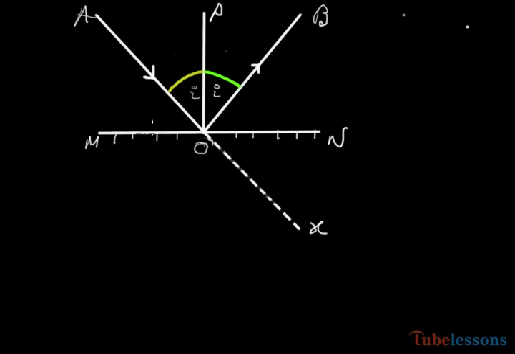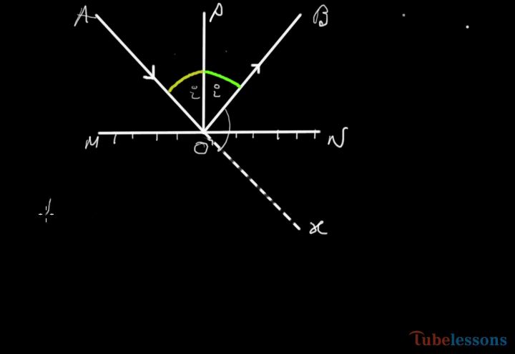So AOP equals BOP. Now if the ray would move along a straight line path, then the path of the ray would have been AOX. Now the angle of deviation is BOX. So we have to determine the angle of deviation BOX.